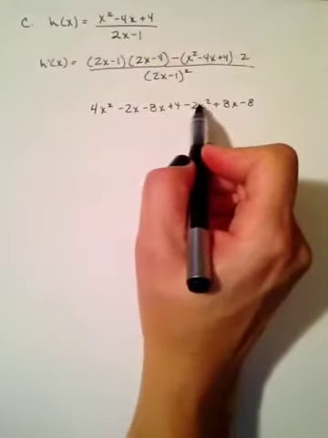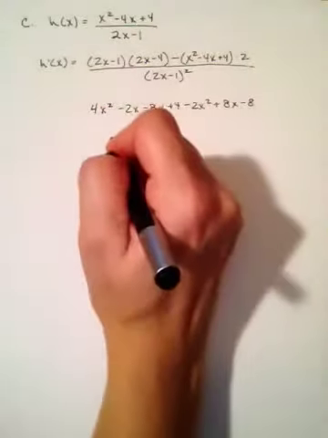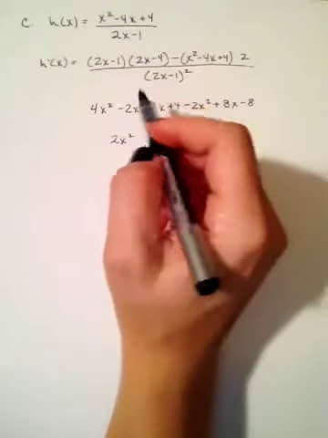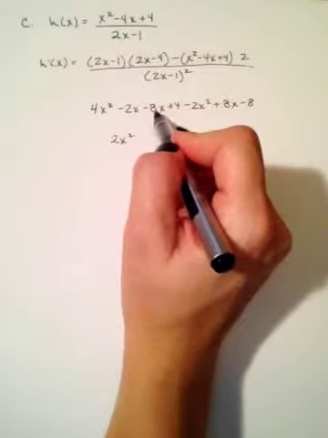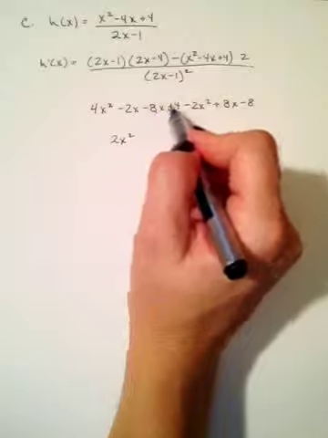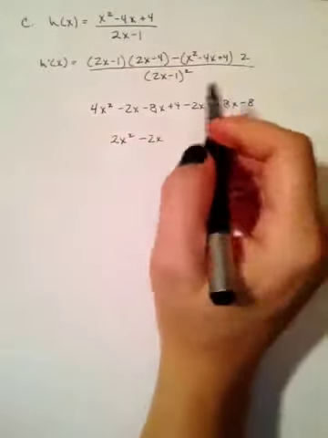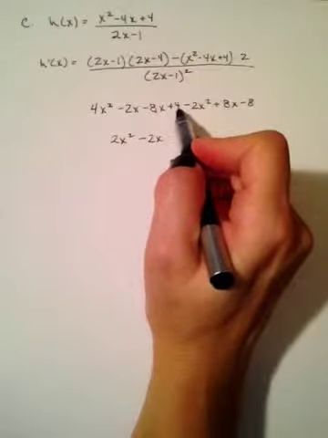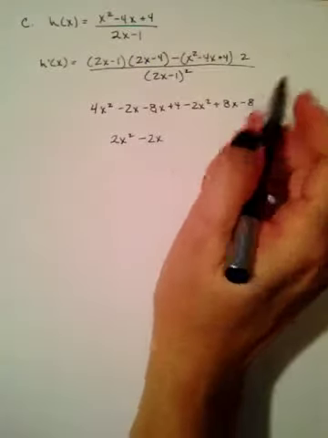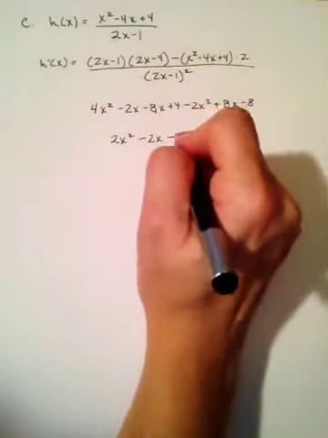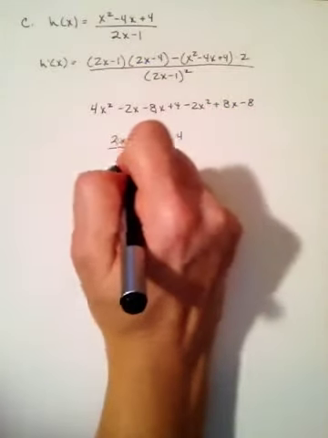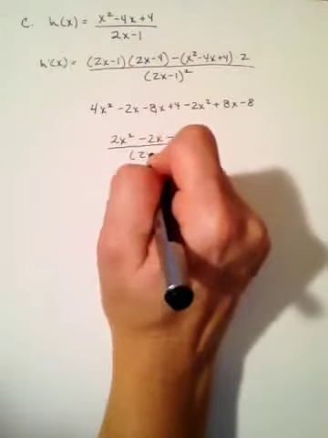I have a 4x squared minus 2x squared is just 2x squared. A negative 2x minus 8x plus 8x is just a negative 2x. And then looking at my constants, I have a 4 minus 8, so negative 4. And that is over my denominator squared.